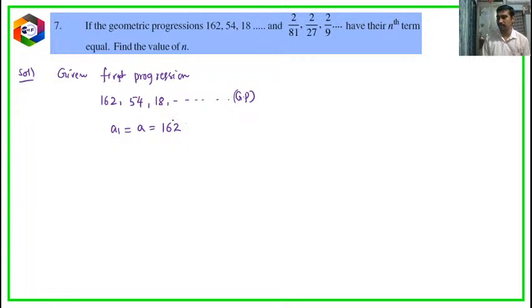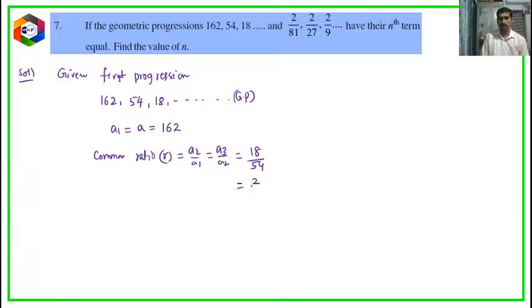The first term we know is 162, and the common ratio r is equal to a2 by a1, or it is equal to a3 by a2, whichever is easy you can take. I will take a3 by a2, which is equal to 18 by 54.